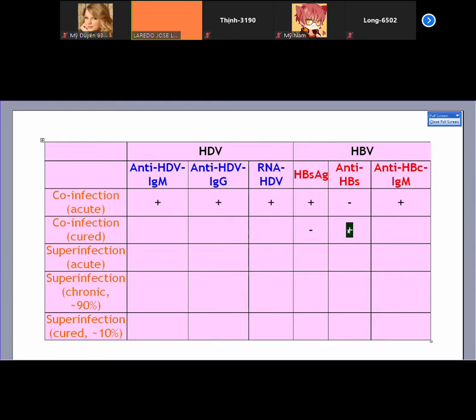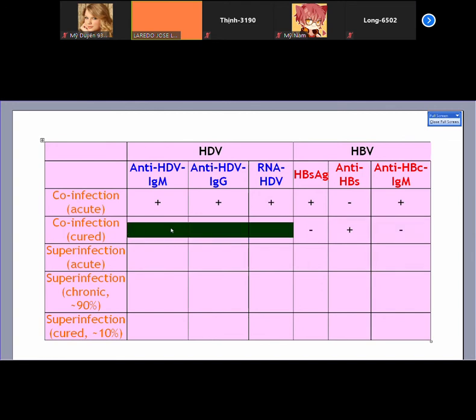So the patient becomes protected against hepatitis B. And the IgM against the capsid also disappears because the patient is recovered from hepatitis B. So this is the profile of a recovered patient after co-infection with hepatitis B and hepatitis D.